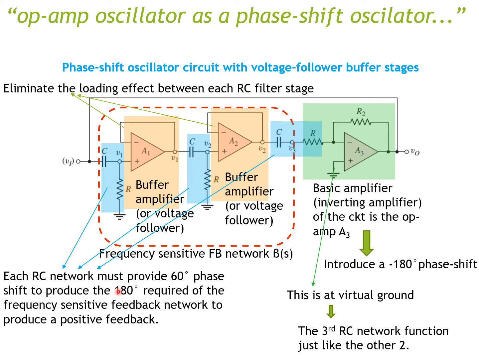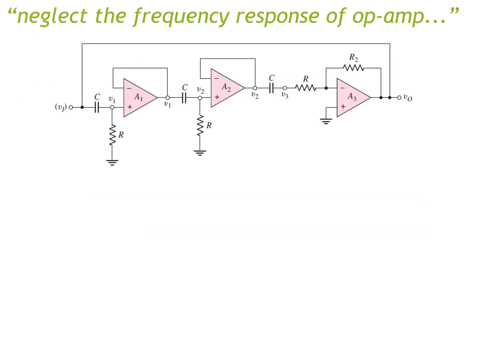Therefore, we have the first requirement: since all of the C and R are the same, all of them must go by equally 60 degrees. And this third one functions similarly to the other two, so we know that the RC networks are assumed to be identical.